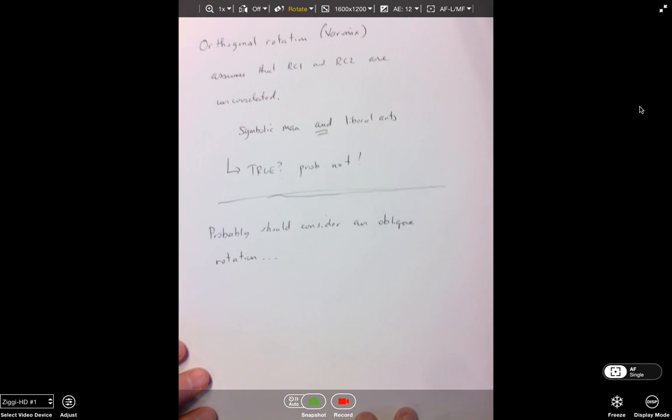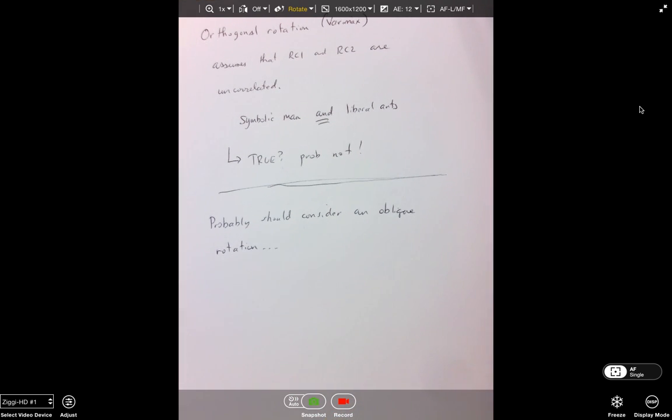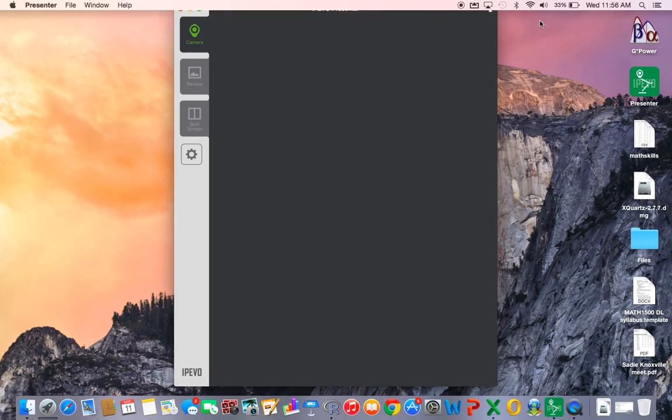Now, guys, orthogonal rotation just says that we turn things, think about it simplistically, 90 degrees. Oblique allows us to make more sophisticated types of rotations. So what we can do to run this is, well, I'll tell you what, let's just go run it.